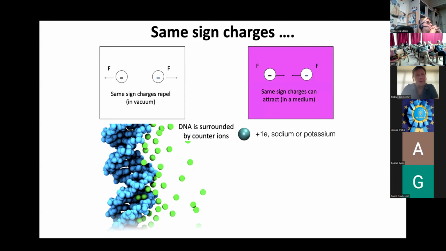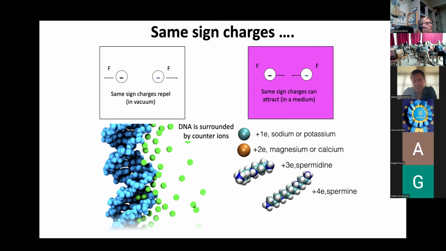Experimentally, we know that for monovalent and divalent ions, generally you see a repulsion between DNA, but once you go to multivalent ions, you could see attraction. The situation is a little bit different when you have DNA molecules confined to a surface, but that's a nuance.